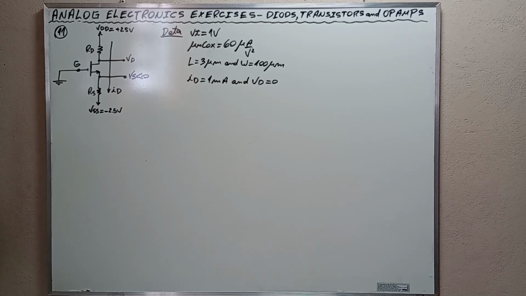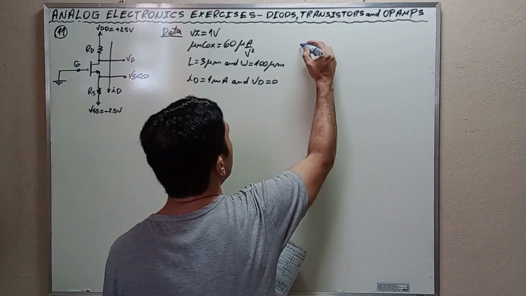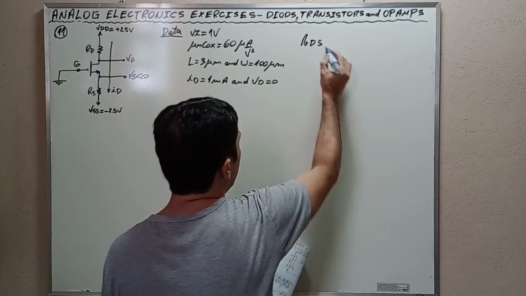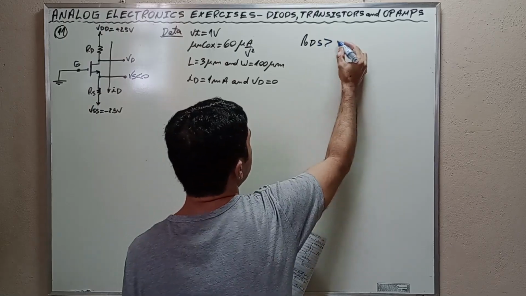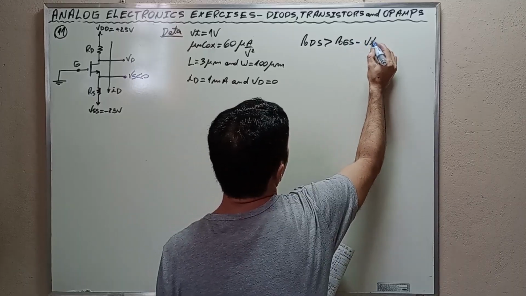We conclude that the device is operating in saturation, okay? The device is operating in saturation because VDS is greater than VGS minus VT.